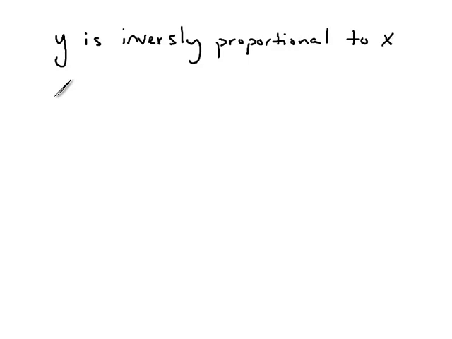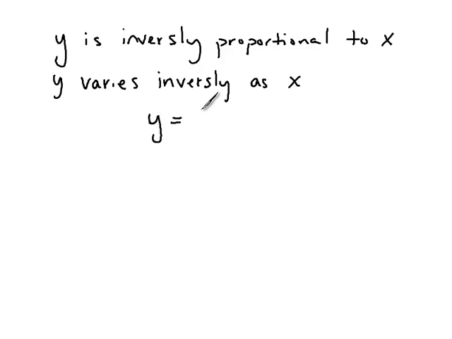This is the same thing as saying y varies inversely as x. These are the same statement, and that should give us the equation y equals k divided by x. As soon as we read that, we should be thinking y equals k divided by x.